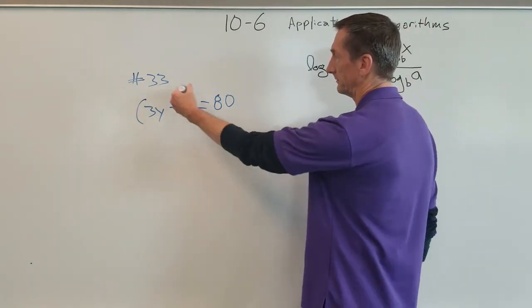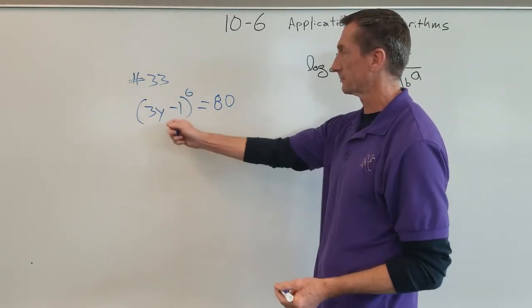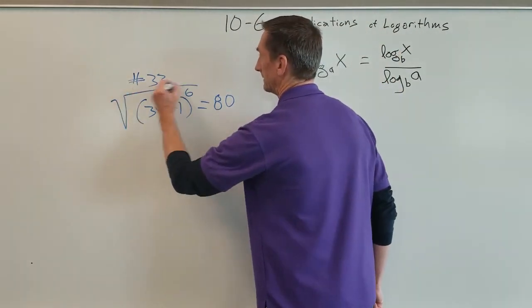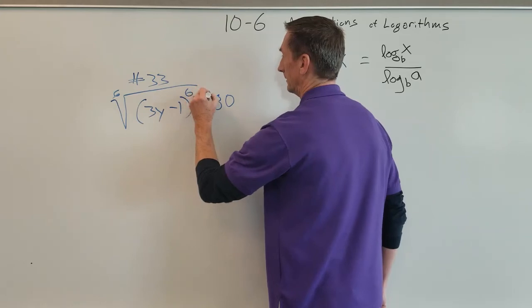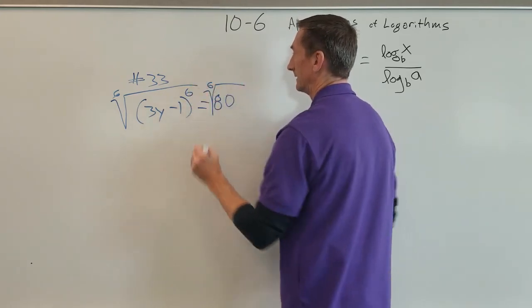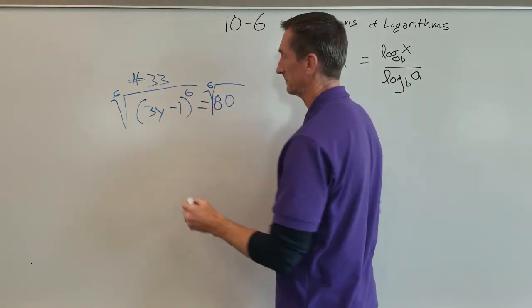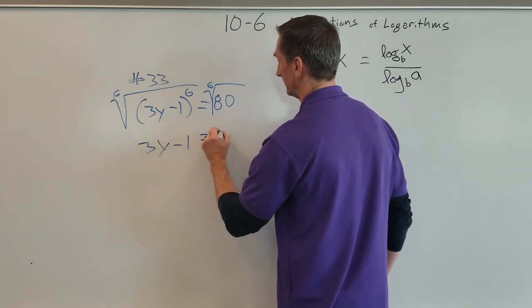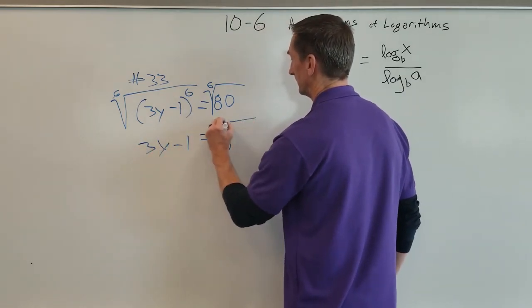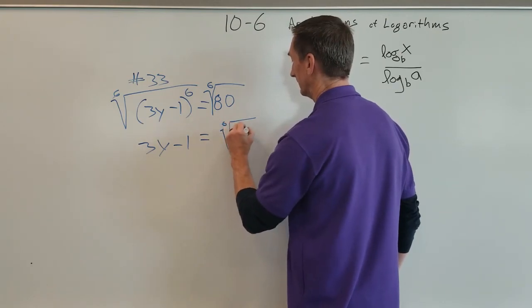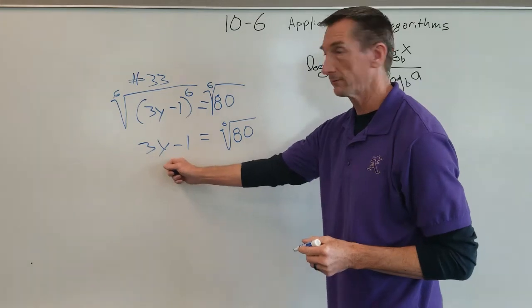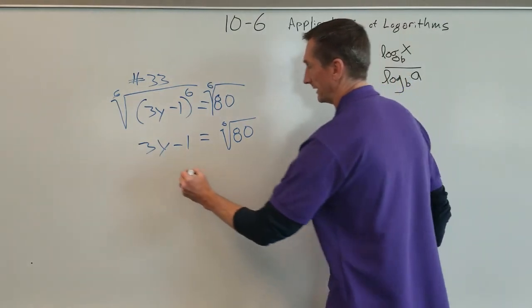Okay, so first of all, let's take the 6th root of both sides. That's going to cancel out this 6th power here. So it'll give me 3y minus 1 is equal to the 6th root of 80. Good, still solving for y, so I'm going to add 1 to both sides.